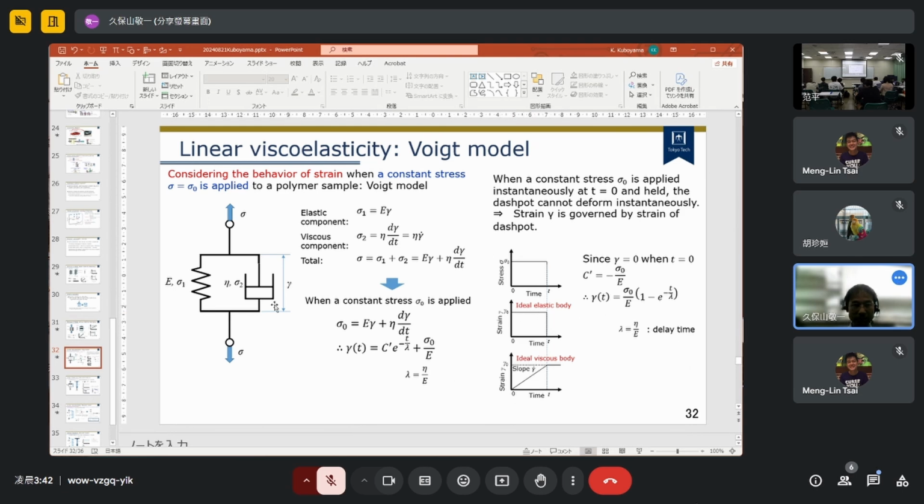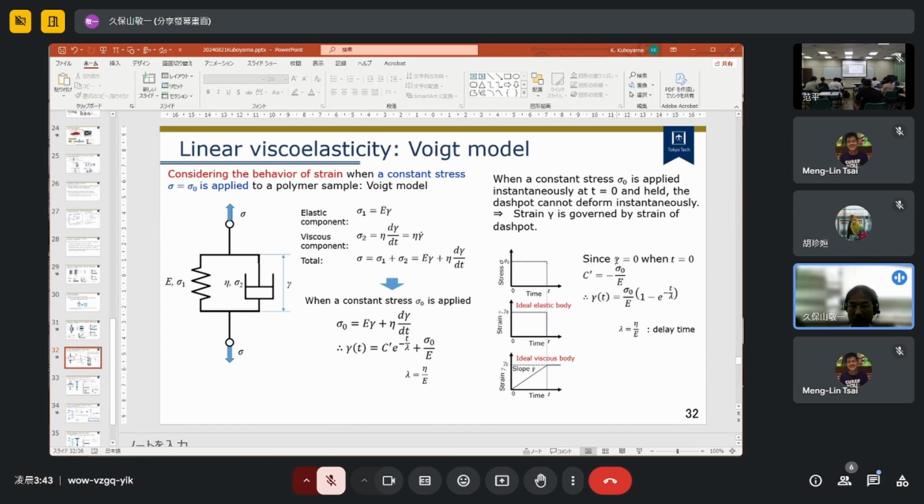But the dashpot part cannot deform suddenly, so it gradually increases. But this model is a parallel model. So in this case, the spring part cannot deform because the dashpot doesn't deform instantaneously. So the strain of this model is governed by the strain of the dashpot.